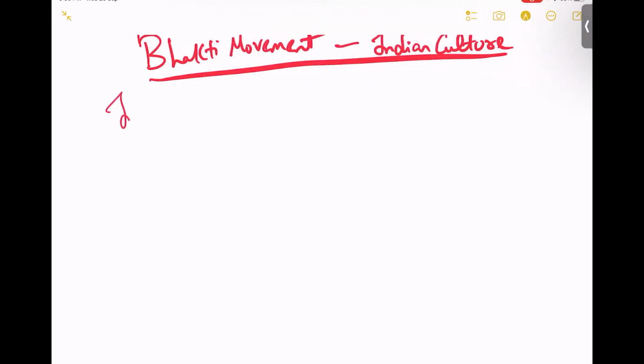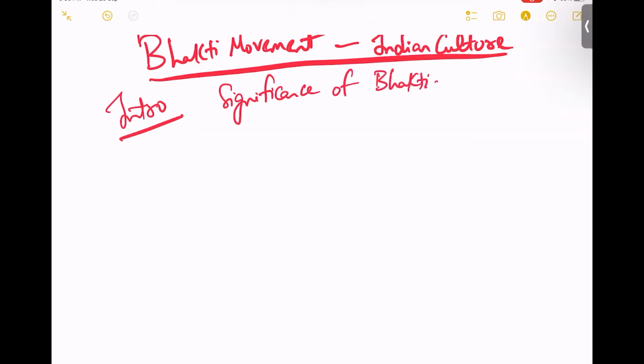For the first part, you'll write the introduction. In the introduction, you'll write about the significance of Bhakti movement. You'll say in medieval India, Bhakti movement was a revolutionary movement which could integrate masses, and it started from South India and spread to North India.